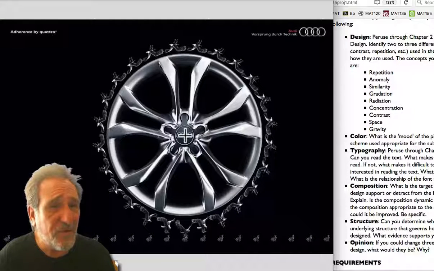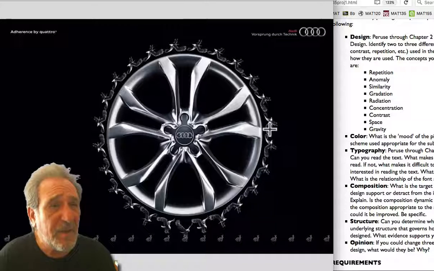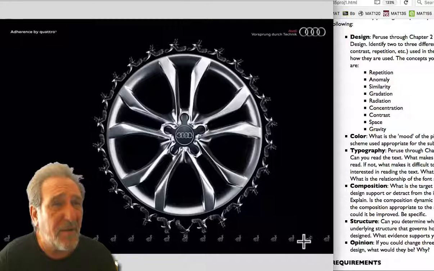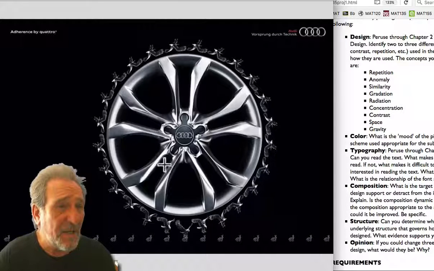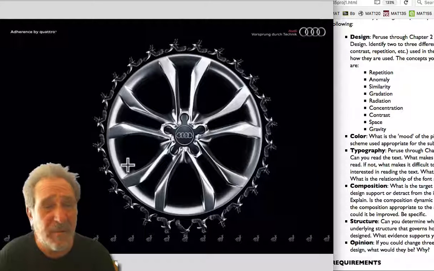This ad, right? A very strong sense of radiation. We have just the wheel itself with a very strong outward energy coming from the center point. Very strong sense of repetition going around the outside edge there, and repetition with the little rabbits cruising down here. It's off center, so the dynamic layout helps to keep it from being a little bit boring.